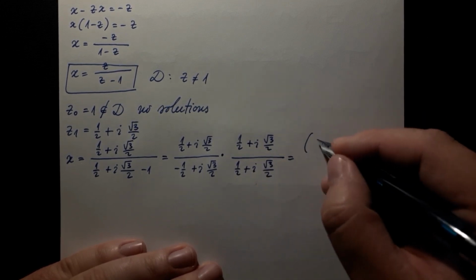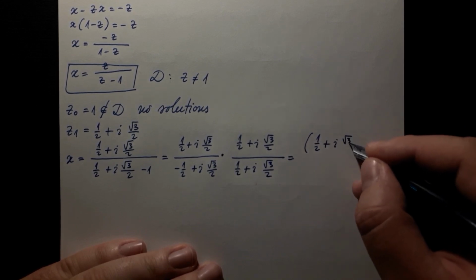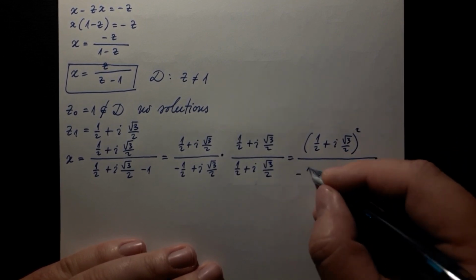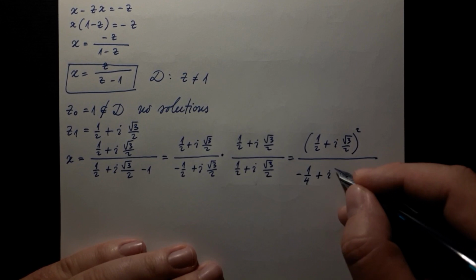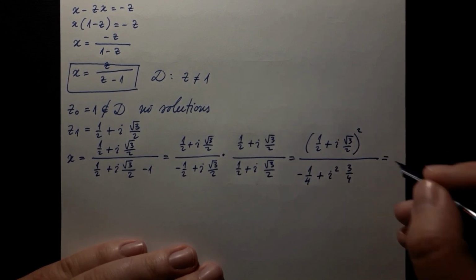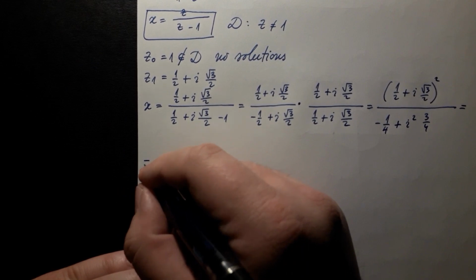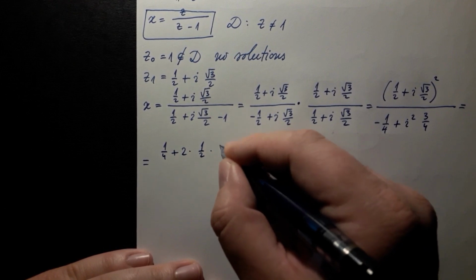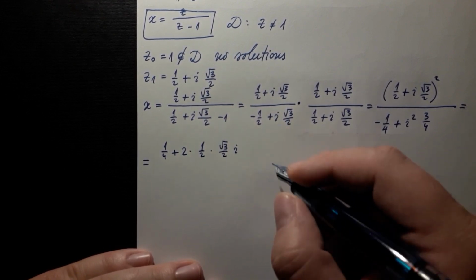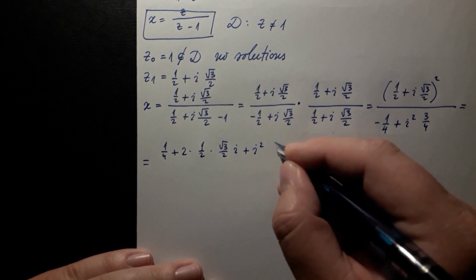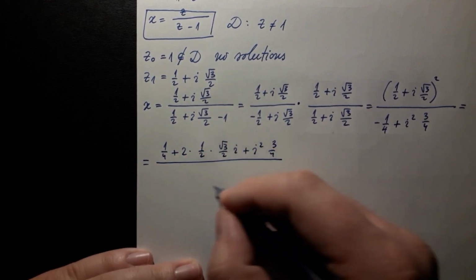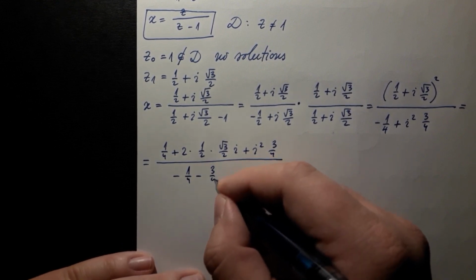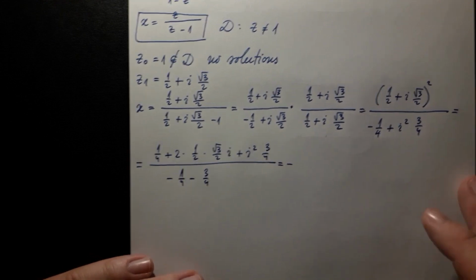And then we finally get 1/2 plus I square root of 3 over 2, that entire thing to the power 2, over negative 1/4 plus I squared 3/4, which is equal to 1/4 plus 2 times 1/2 times square root of 3 over 2 times I plus I squared 3 over 4, over negative 1/4 minus 3/4, which is equal to negative 1.